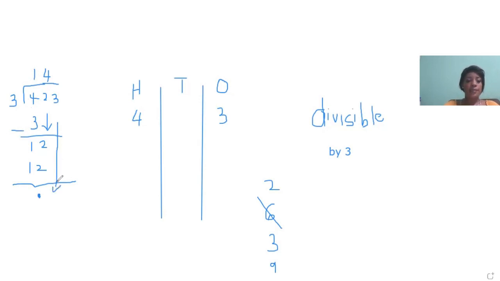It looks like it. 3 into 3, one time. 1 three is 3. It does look like the answer. So I'm going to put it here. 423 is divisible by 3, but I need to be sure. I'm going to put a little tick here.